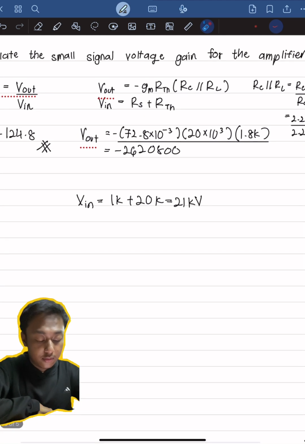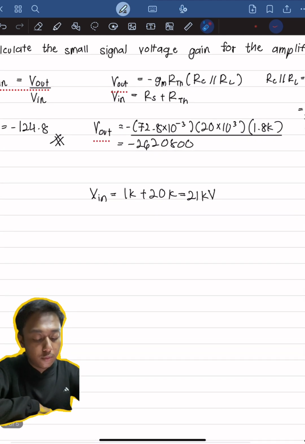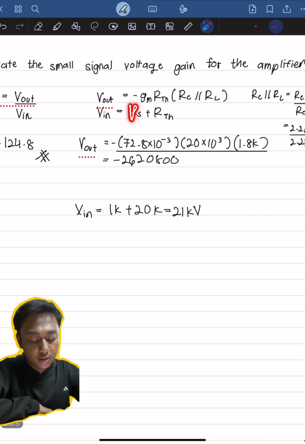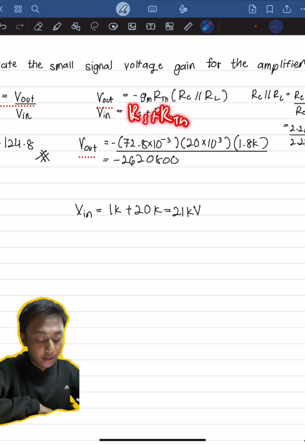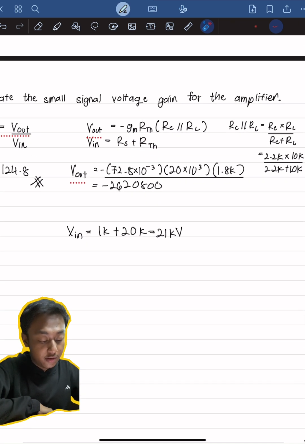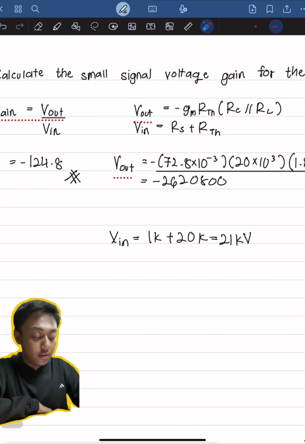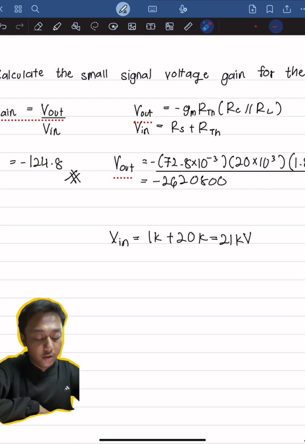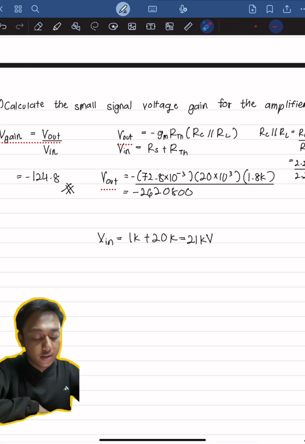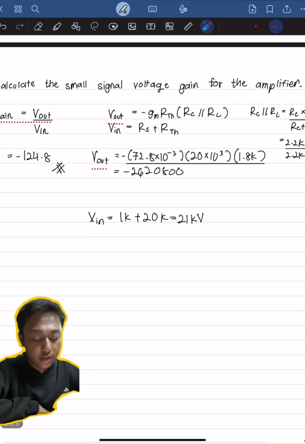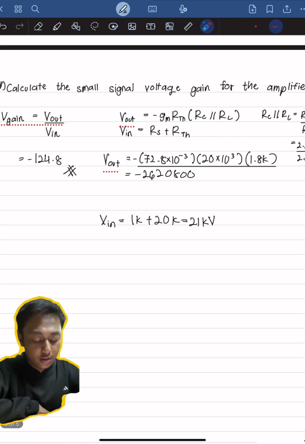That's for V out, and for V in it is only the formula for RS plus RTH. Then we can straight away find that the voltage gain is negative 124.8, and it has no unit since it will cancel out in the formula.